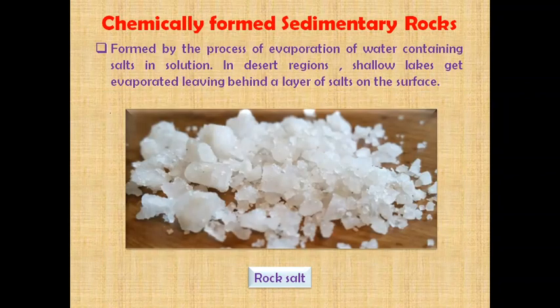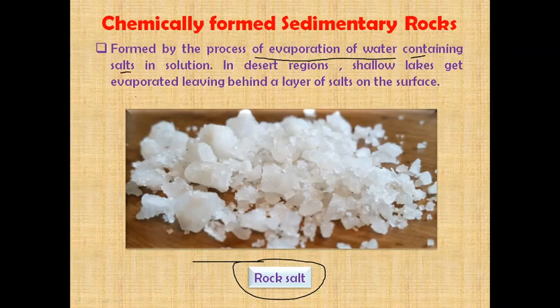Next one is chemically formed sedimentary rocks. Rock salt is a typical example of chemically formed sedimentary rocks. Now, rock salt is formed by the process of evaporation of water that contains salt.